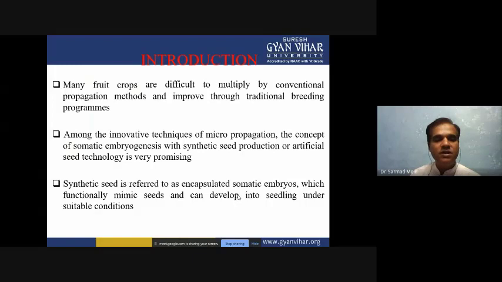Whenever we have demand in the market, we can take these artificially synthesized, encapsulated somatic embryos out from storage and put them in suitable media so that they can germinate and propagate, just as seeds develop into a plant in natural conditions.